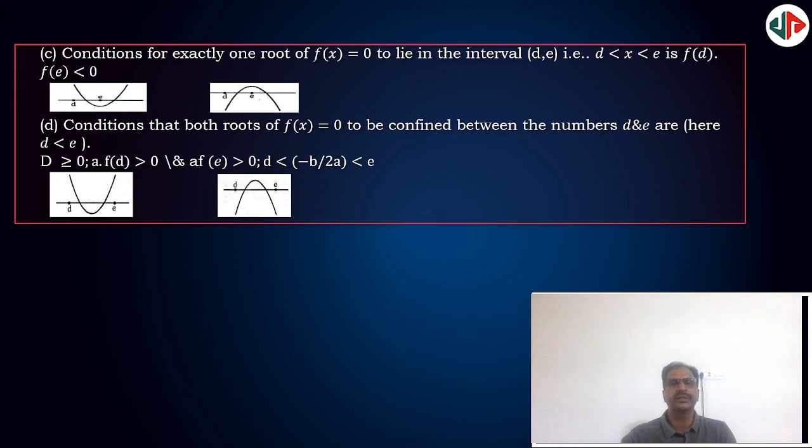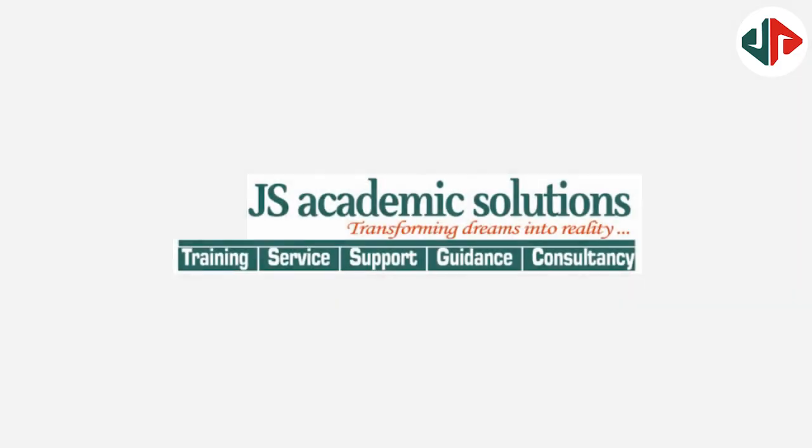And this is the condition for exactly one root to lie in a particular interval. And this is the condition for both the roots to lie in a particular interval.